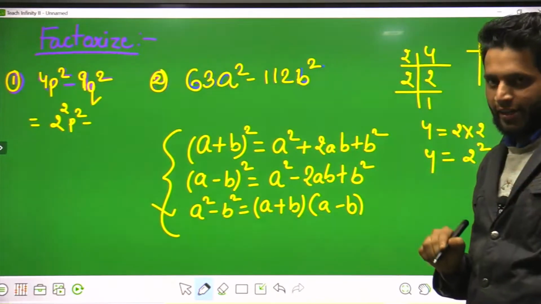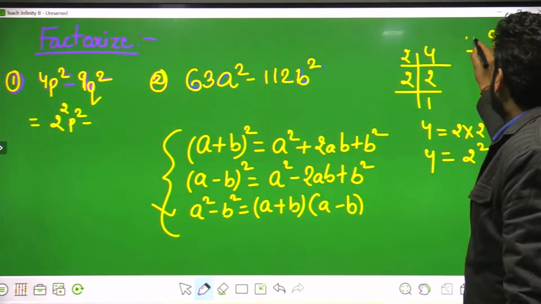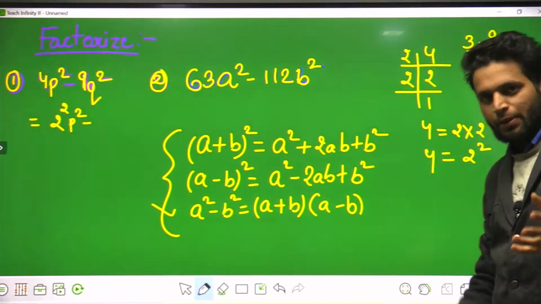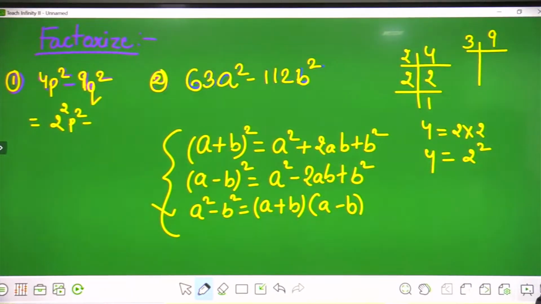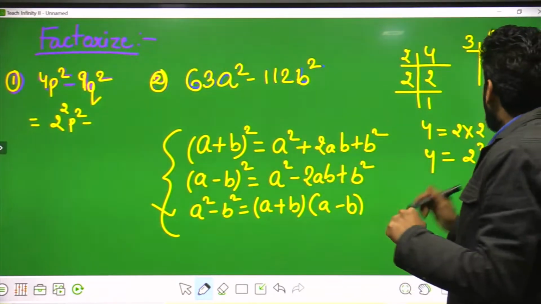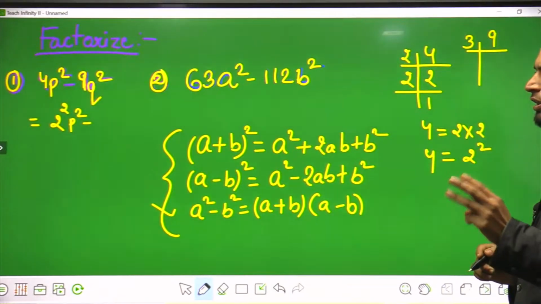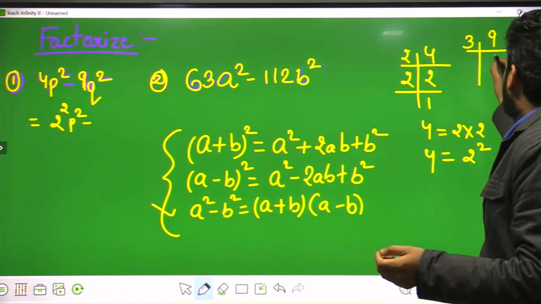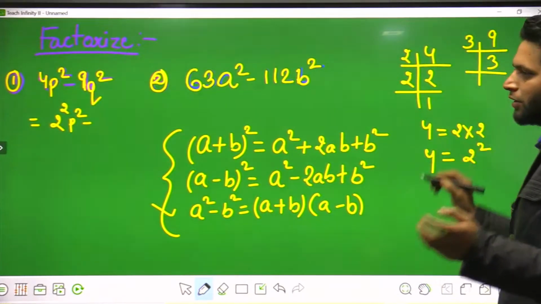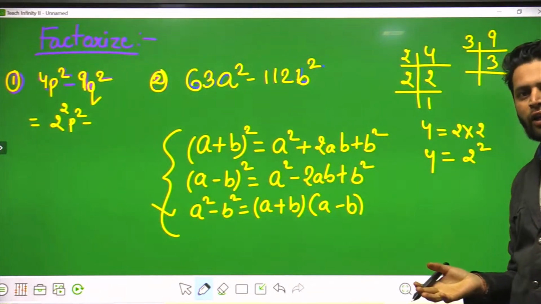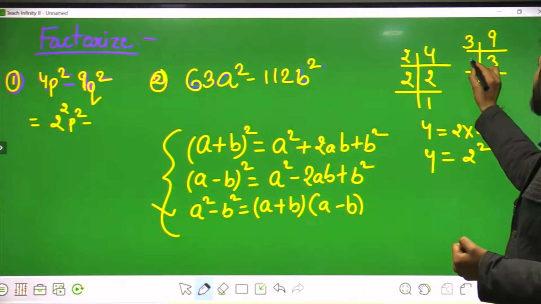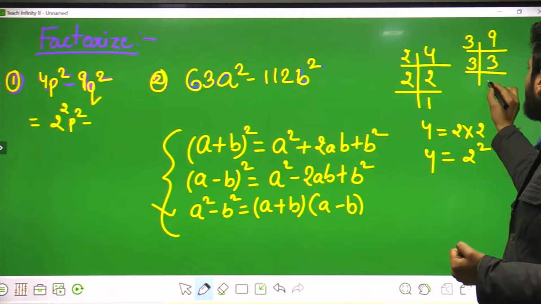We factorize: 9 is divisible by 3, so we divide 9 by 3. It is divisible 3 times only. Then 3 is also divisible by 3, one time.